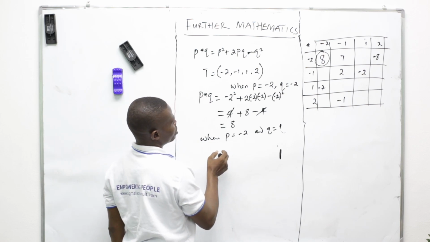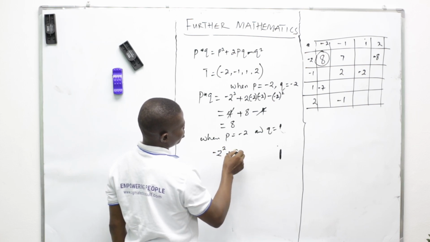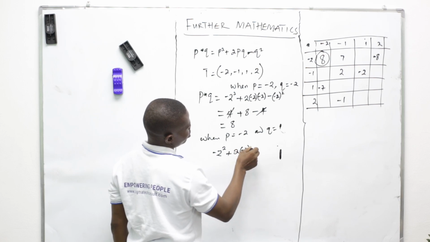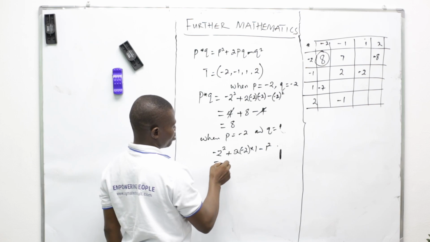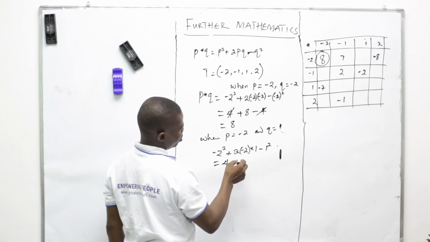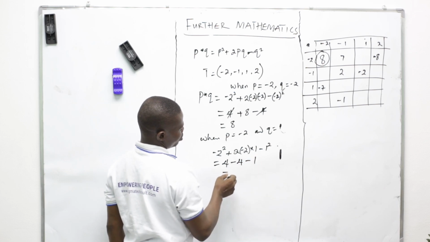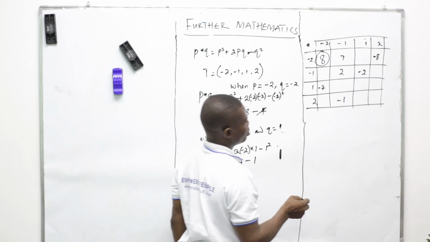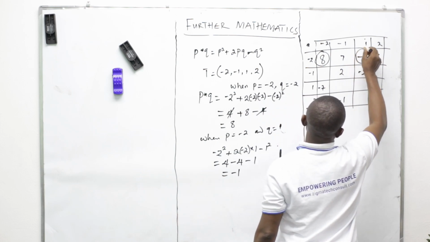That means that minus 2 squared plus 2 bracket minus 2 times 1 minus 1 square will give us 4 minus 4 minus 1 to give us minus 1. So here now is minus 1. Circle it.